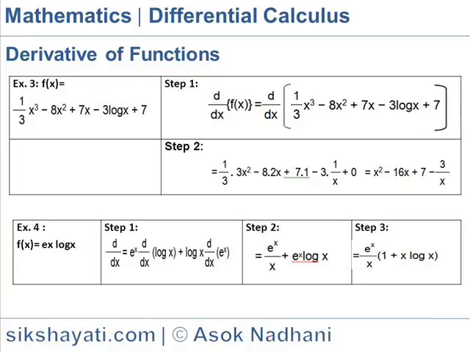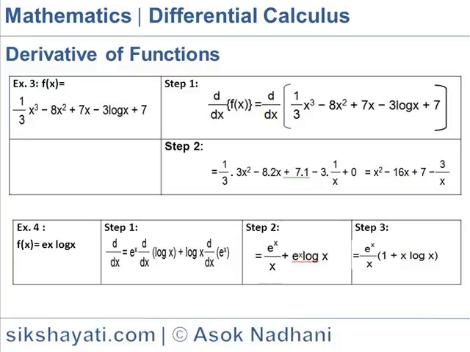So step 1, d/dx of f(x) is equal to d/dx of 1 by 3 x cubed minus 8x square plus 7x minus 3 log x plus 7, is equal to 1 by 3 into 3x square, that is the derivative of 1/3 x cube, minus 8 into 2x plus 7 into 1 minus 3 into 1 by x plus 0, is equal to x square minus 16x plus 7 minus 3 by x.